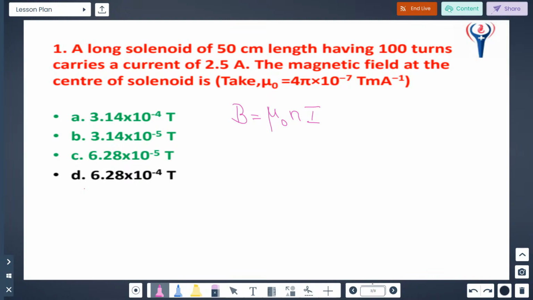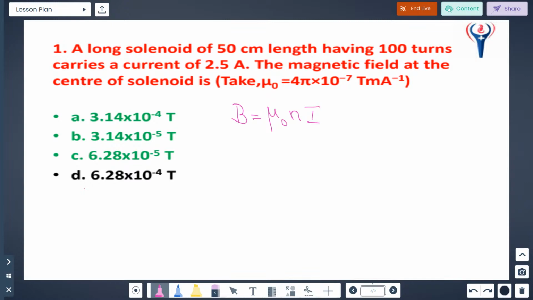Sometimes it will be given, sometimes may not given, but we should know the value. That is, mu naught value is 4 pi into 10 power minus 7. Henry per meter is a general unit we use. Here T m a power minus 1. What is T? T is Tesla, m is meter, a ampere. So T m per ampere.